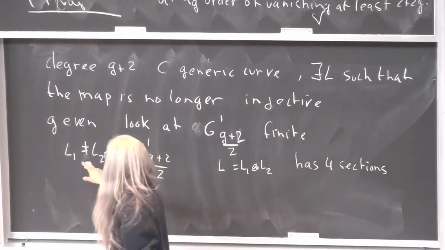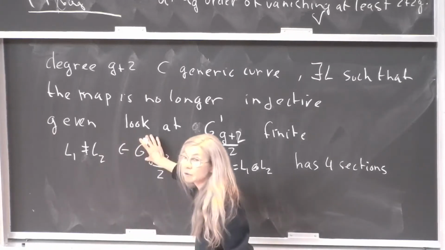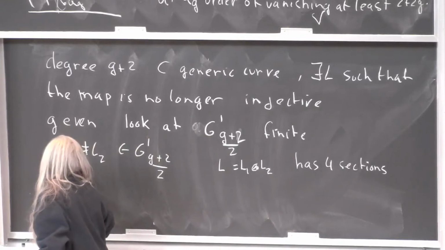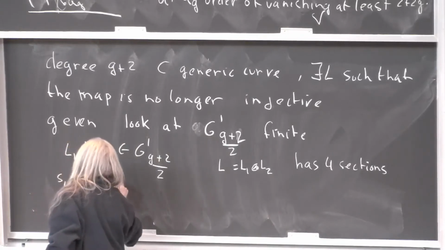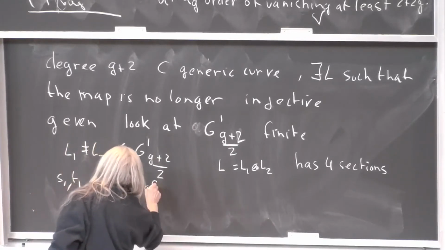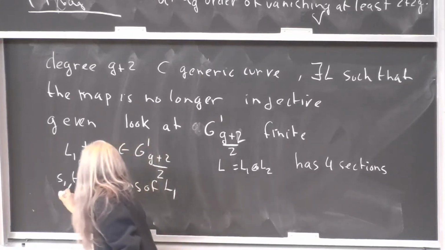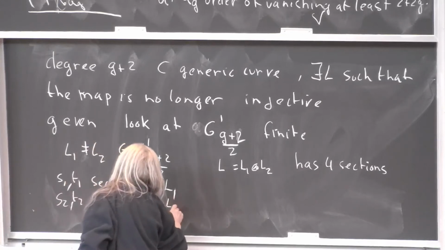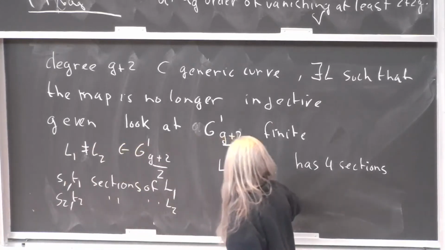I have L1 and L2. Both of them are here, so both have 2 sections. Let me call the sections s1 and t1 the sections of L1, and s2 and t2 the sections of L2. So L is the product of these two.